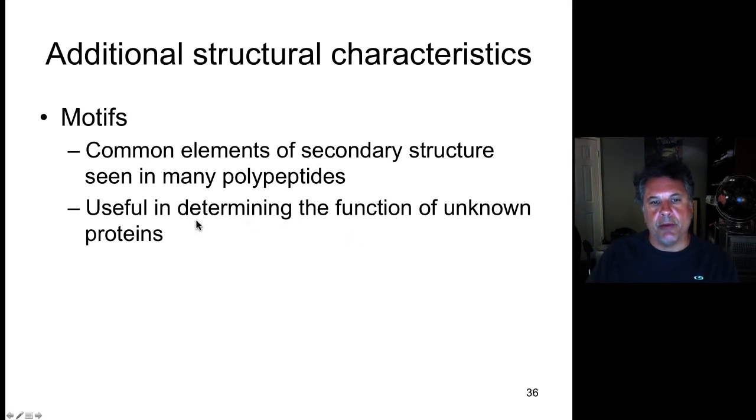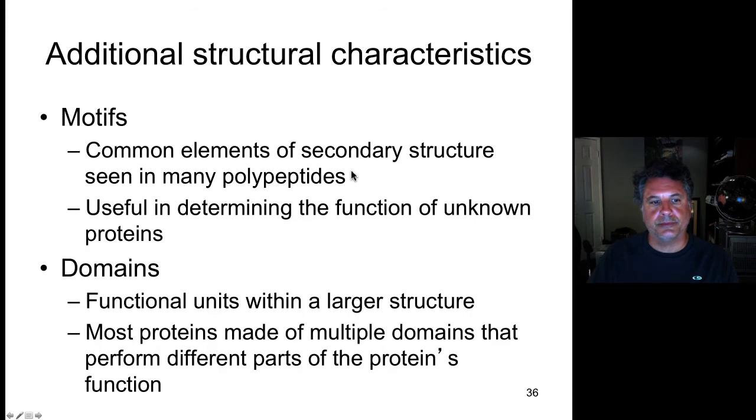If you find a motif like that in known proteins, but you're studying an unknown protein, you can get a pretty good idea of the function of that protein based on the known function of those motifs in other proteins. And domains are functional units within a larger structure.